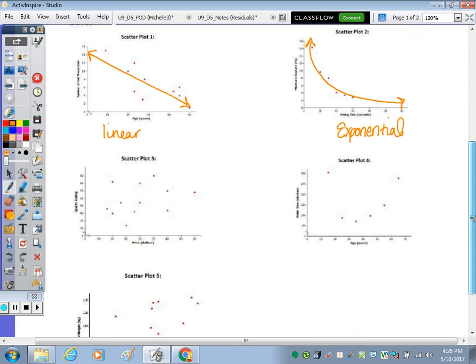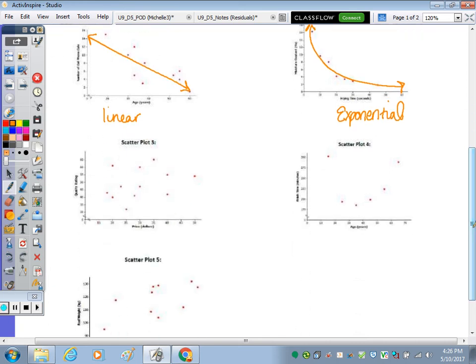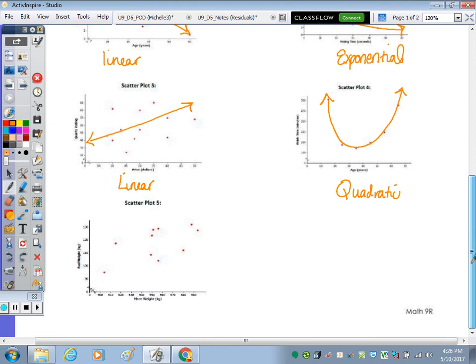The next row, I don't see that pattern, so we could look at a line of best fit or a linear model. Here, the pattern is U-shaped. So that parabola is a quadratic function. And then last, I don't see a pattern, so that would be linear. There would be our line of best fit.